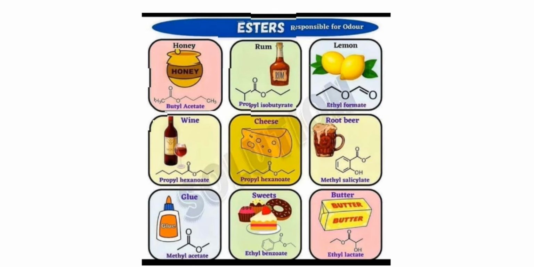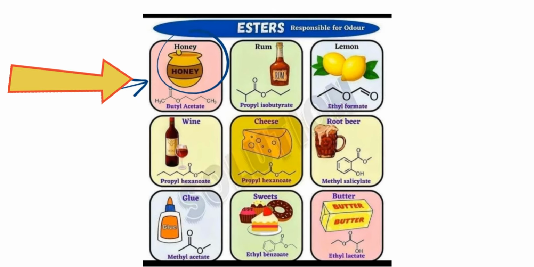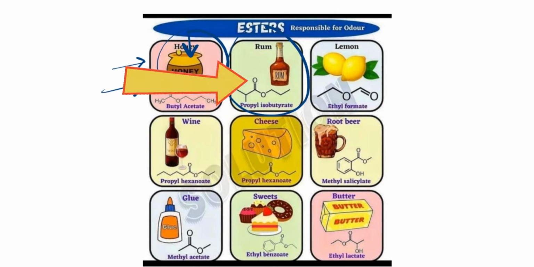For example, if you see here, it's a bottle of honey. If you smell this honey, you can smell a specific fragrance inside it. Moving to the next one, this bottle of rum also has a different smell, and that also represents the presence of esters in this bottle.